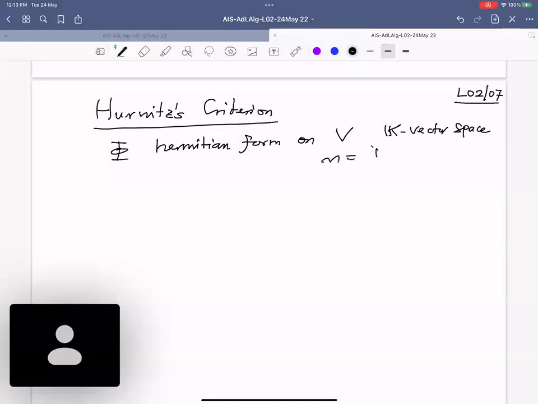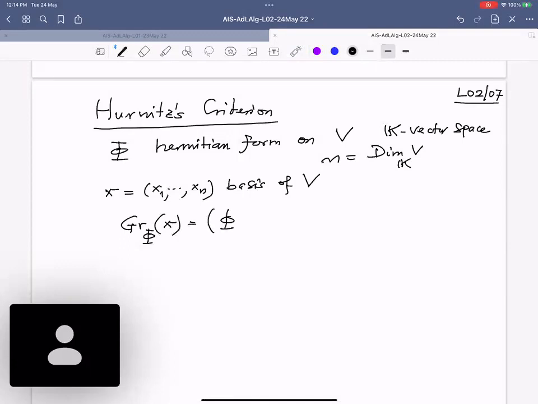Dimension is N. And suppose X is a basis of V. And we have this Gram matrix. This is an N cross N matrix.